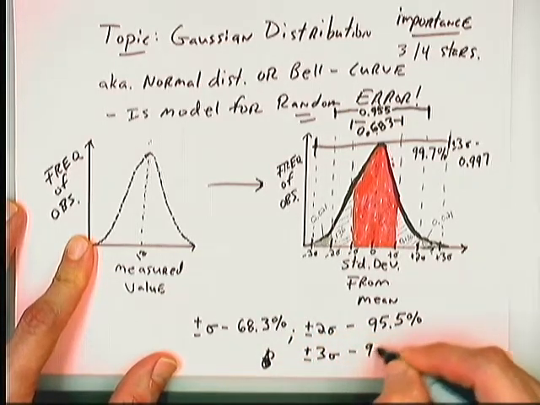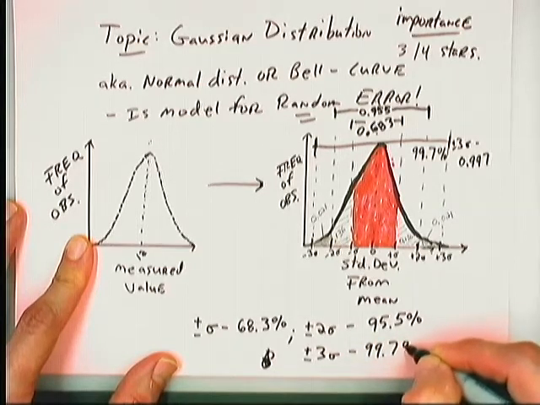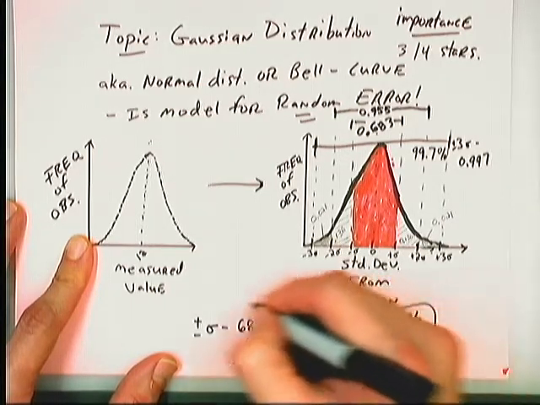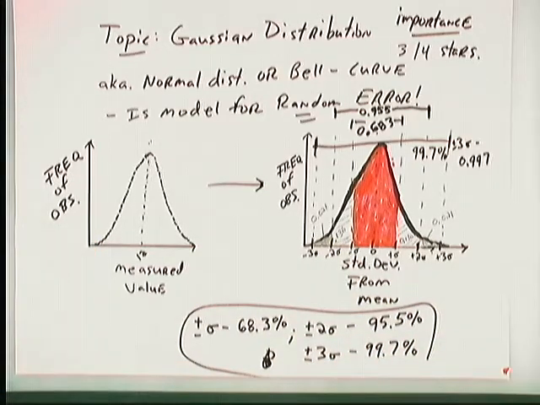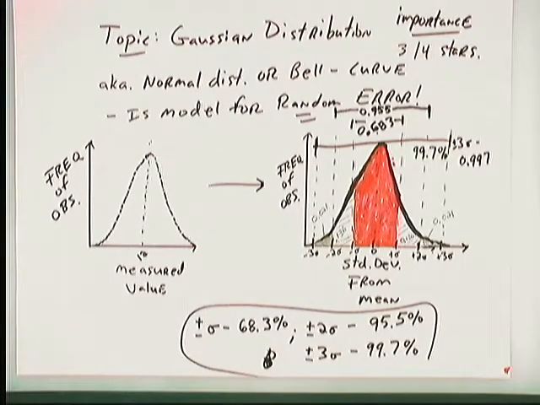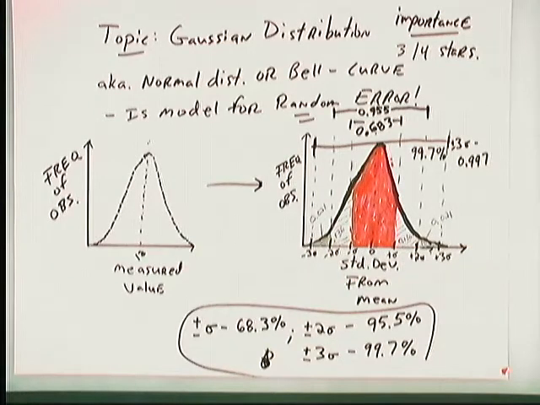You should also know this information that I'm writing here at the bottom. This is the total integrated fraction between plus or minus 1 standard deviation. It's about 68.3% of data. For a 2 standard deviation range, it's 95.5%. And for 3, it's 99.7% of all data. Also understand that this Gaussian distribution is in fact the basis for our statistical hypothesis testing that we're going to talk about in the statistics portion of the course.